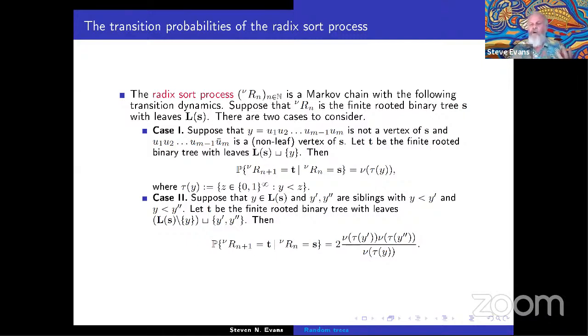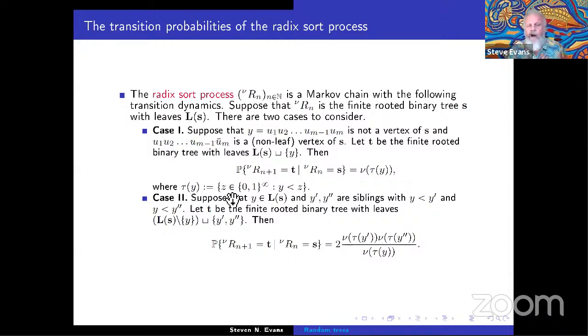Then it's pretty obvious what has to happen is that the input Zn plus 1 has to be an infinite word that has prefix y, okay? And so it has to fall in this set here.